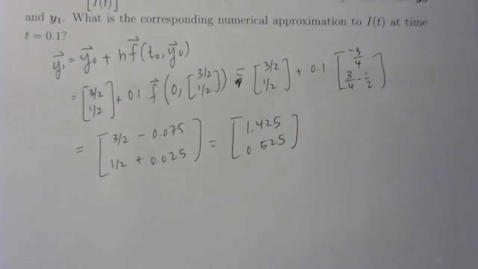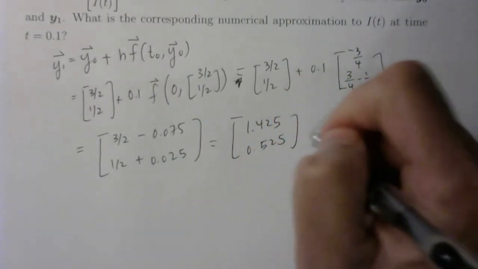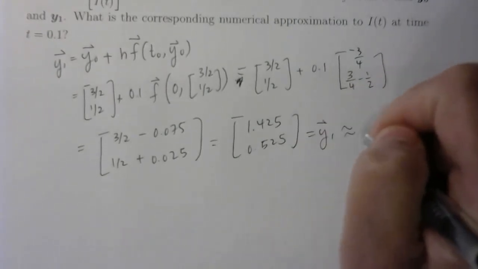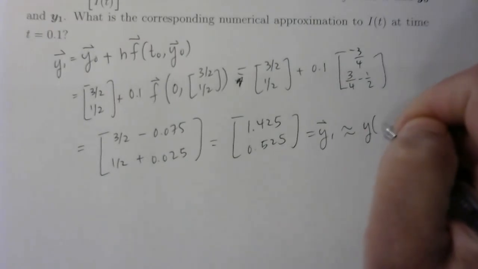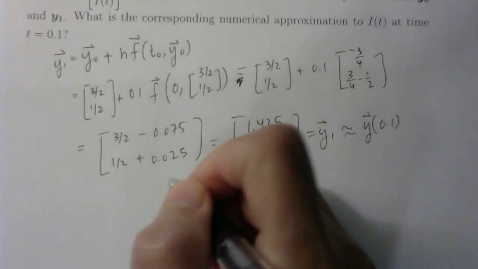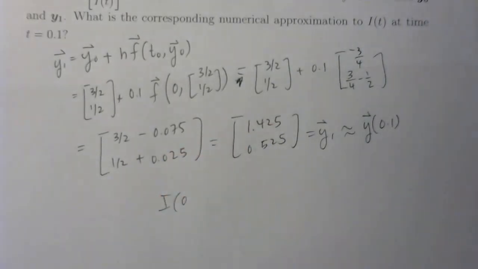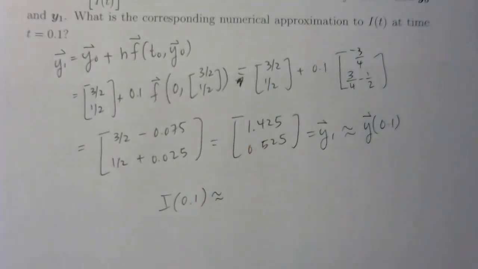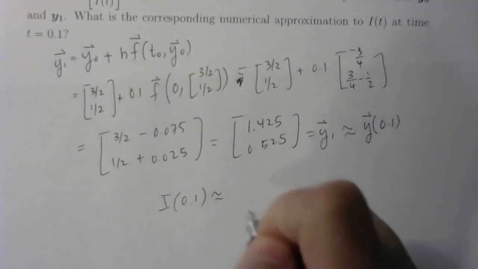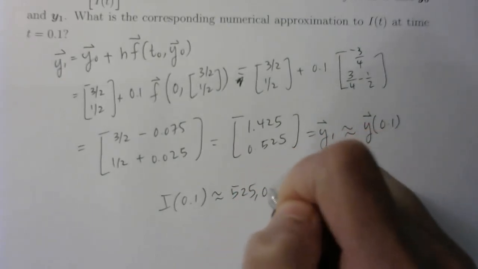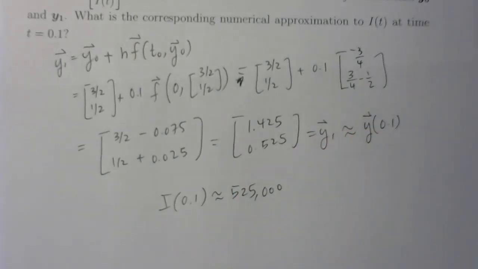And this, by the way, is y1, which is an approximation for y at time 0.1, right? So an approximation for the number of infected individuals at time 0.1 is going to be the second term here. It's going to be this number in millions, so 525,000. Awesome.